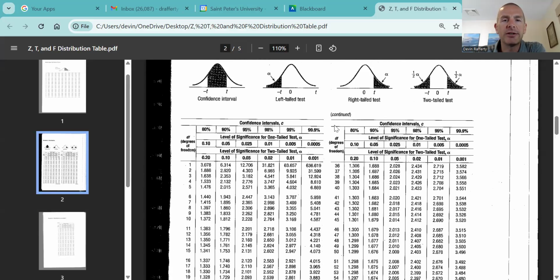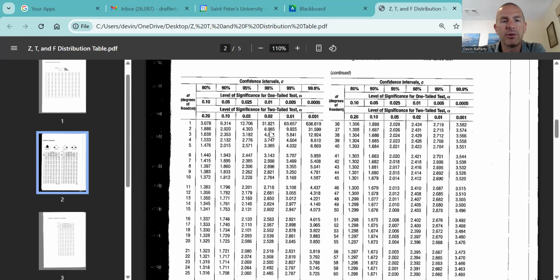And we might notice here on page 2, it says confidence interval. And then underneath confidence interval it says 80%, 90%, 95, 98, 99%. Okay. And then it says level of significance for one-tailed test, and it says 0.10, 0.05, 0.025, which we skip, okay, and 0.01.